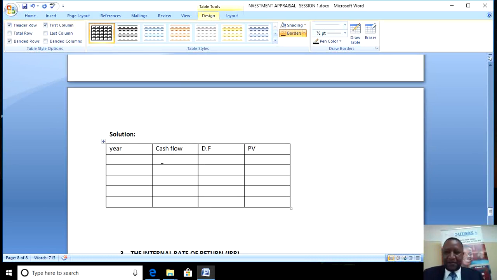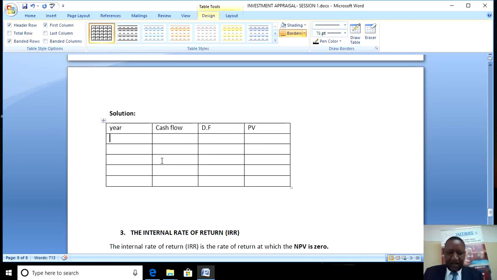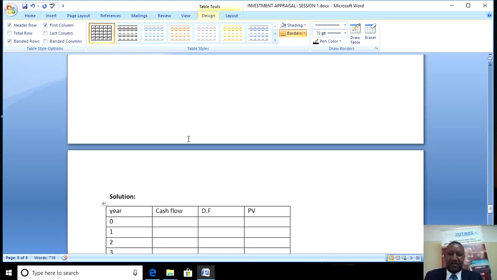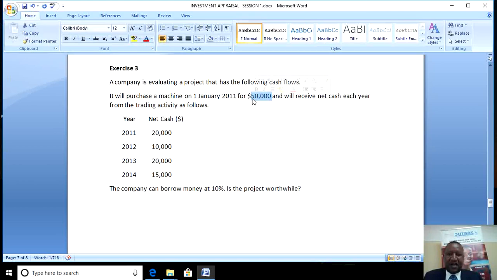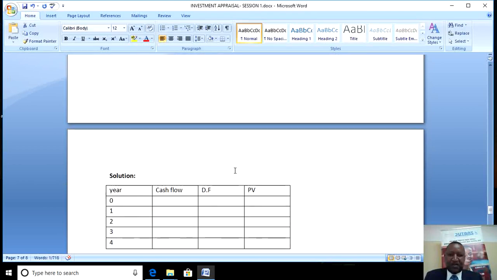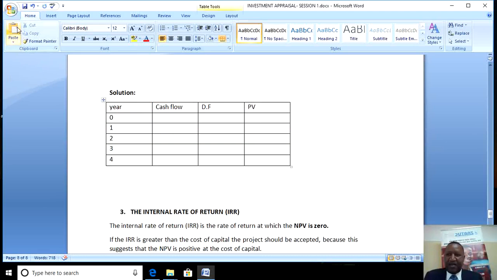So let's see. Years, we have year 0, year 1, year 2, year 3, and year 4. What is year 0? Year 0 represents now. Now is year 0. So what are we spending now? The company is spending $50,000 to purchase the equipment. $50,000 is an expense, so this is a cash outflow.